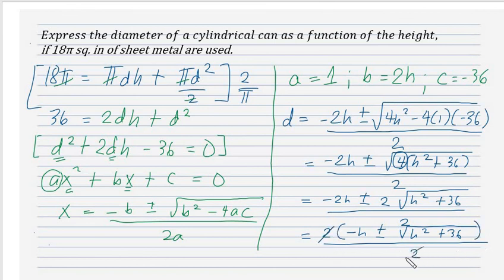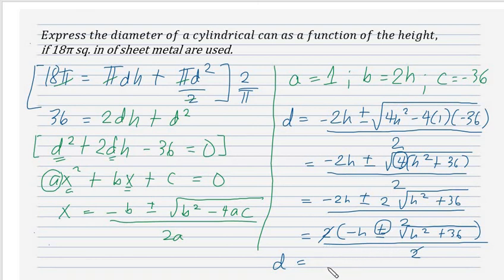So 2 cancels out. For the final answer, we will select the positive option instead of the negative, because if it's negative, it will be negative h minus the square root of h squared plus 36. The numerator will be negative, and we don't have a diameter that is negative because we're talking about a length.